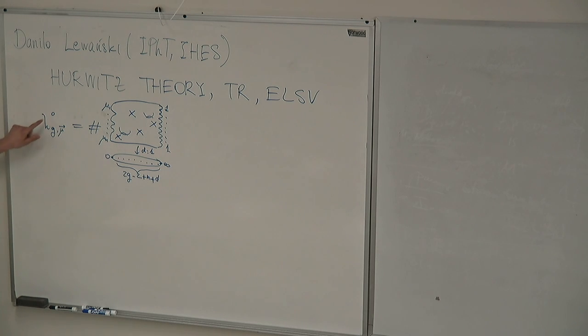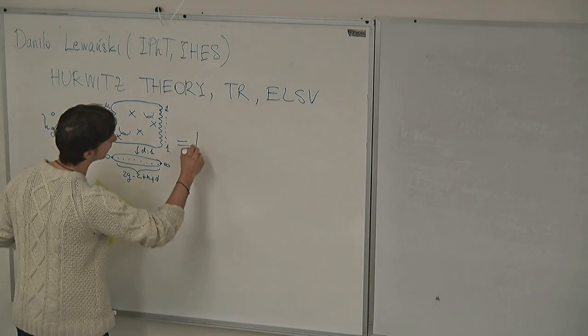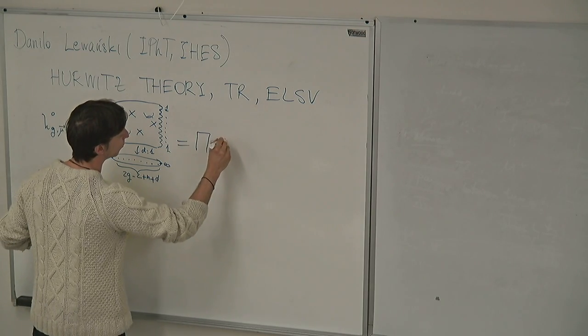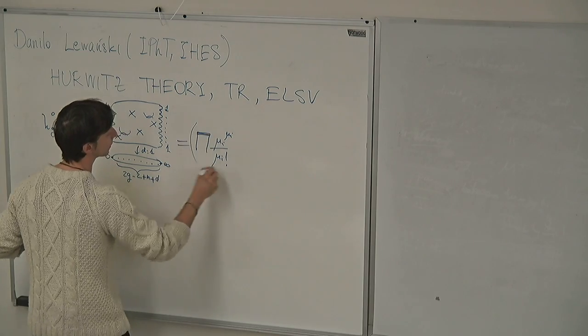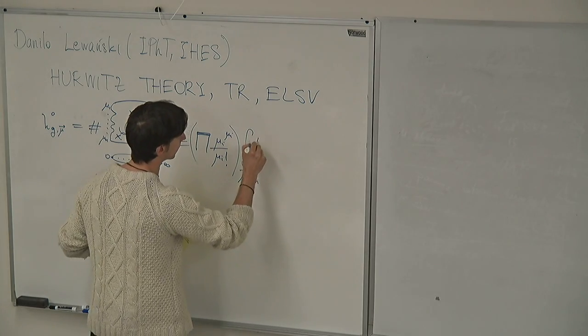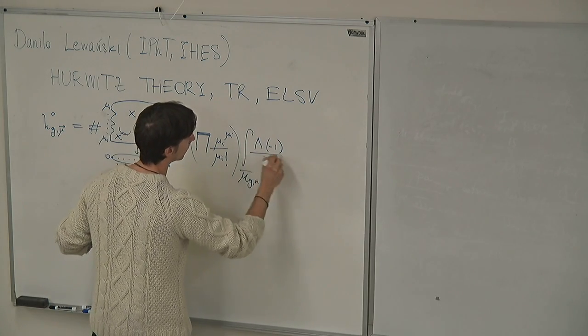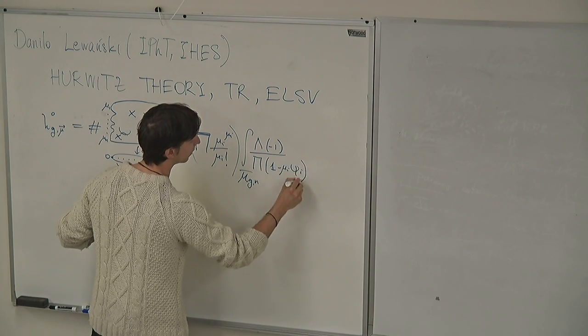Okay? And then for me the symbol will not stand for disconnected, but instead for connected. So I want to count connected surfaces. And then this, as Melissa was mentioning earlier, is the product of the mu_i to the mu_i divided by mu_i factorial times the integral over M_{g,n} bar. And here we have this Hodge class, and then I take the product of 1 minus mu_i psi_i.